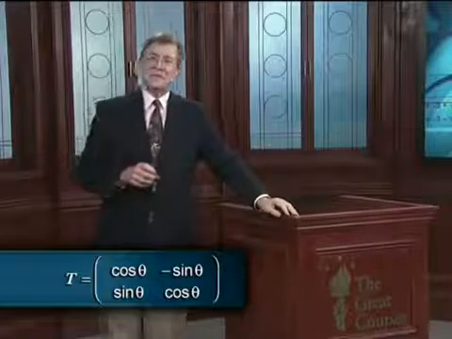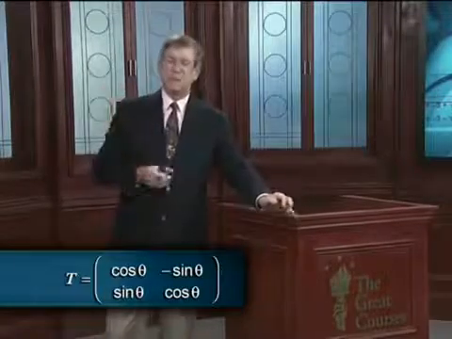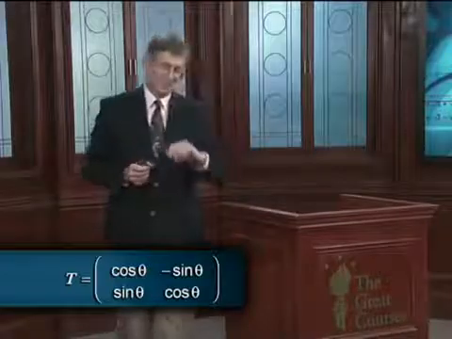What do you think this does to a point in the plane? And here's a hint. We're using trigonometry here, aren't we? And trigonometry deals with rotations, changing angles. It turns out that this kind of transformation will rotate a point around the origin an angle theta.